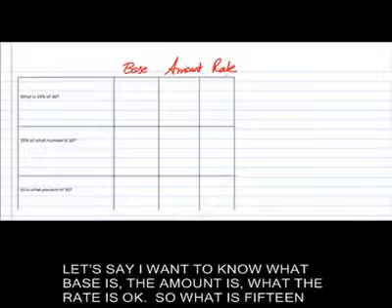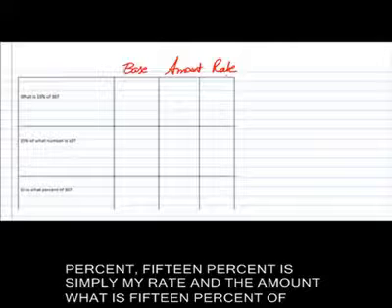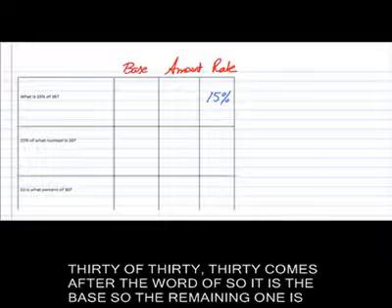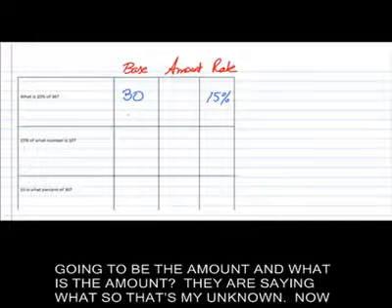So 15% is simply my rate. And what is 15% of 30? Of 30. 30 comes after the word of, so it is the base. So the remaining one is going to be the amount. And what is the amount? They are saying what? So that's my unknown.